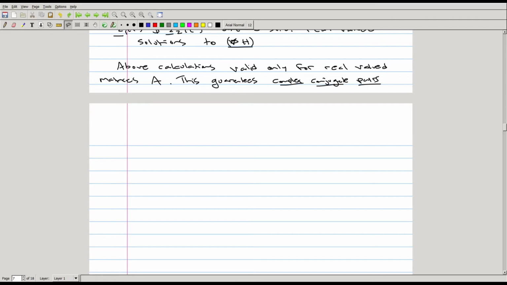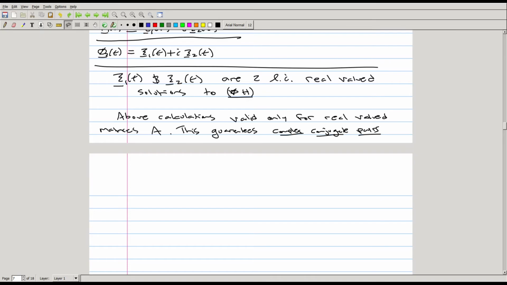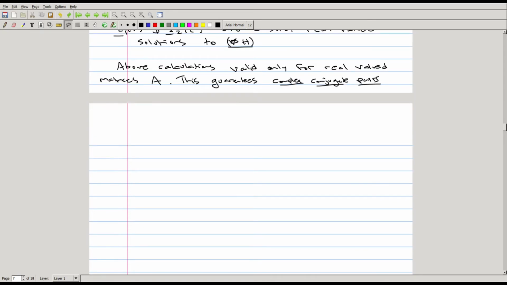So the big takeaway here right now is that the general solution to this problem, corresponding to these two eigenvalue-eigenvector pairs, the complex conjugate eigenvector pairs, is going to be some constant C1, which is the constant of integration, times xi1 of t plus some constant C2 times xi2 of t.